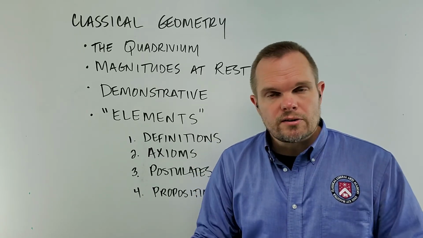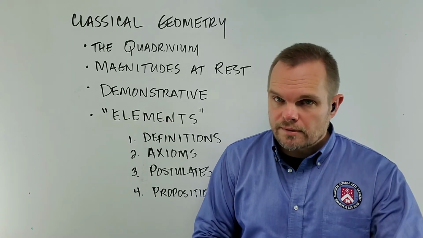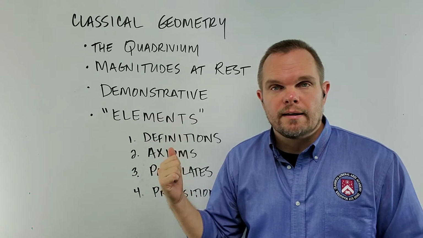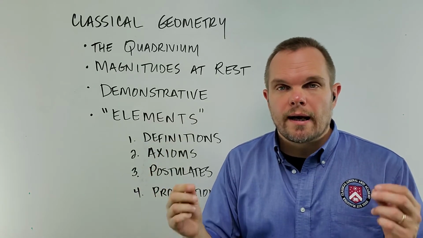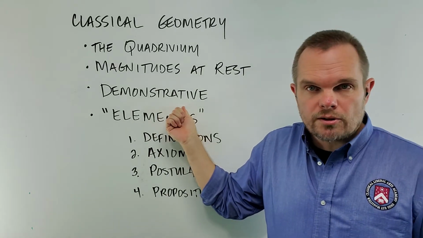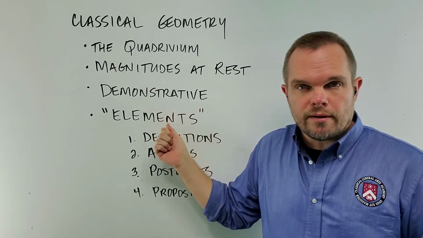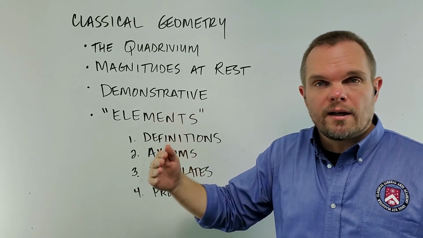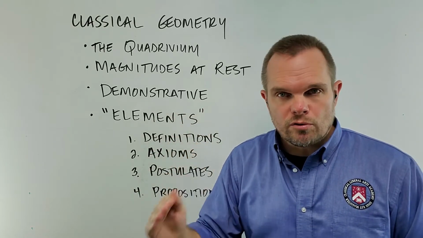There's no opinions, no maybes, no sometimes, no most of the time. The knowledge that you gain in classical geometry is absolutely certain knowledge because it's all demonstrative. It's all proven with clear proofs that are all based on absolutely certain truths.